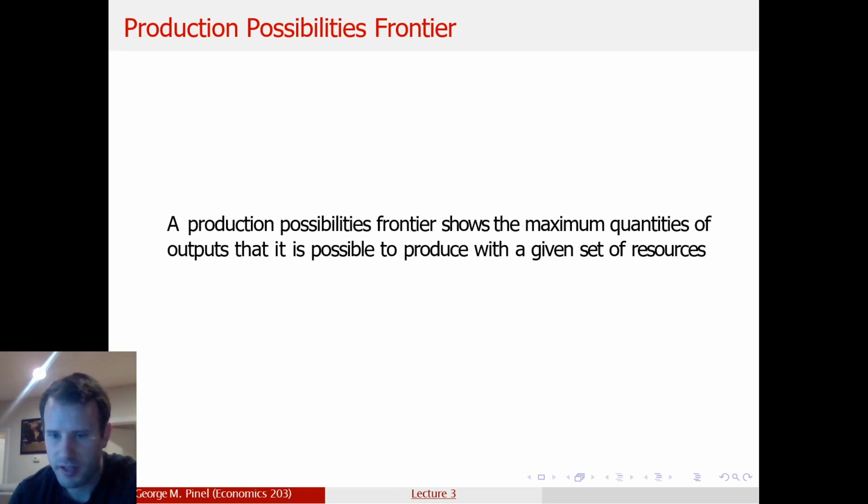At any rate, now that we've defined that, we can move on to the production possibilities frontier. And as I kind of hinted at, it's just a way of graphically representing a production pattern in the most efficient way, or the most efficient production patterns, basically.